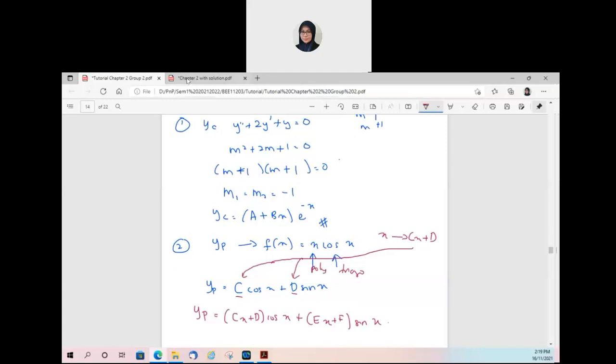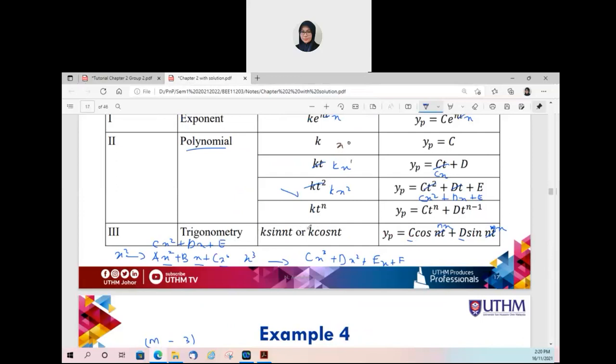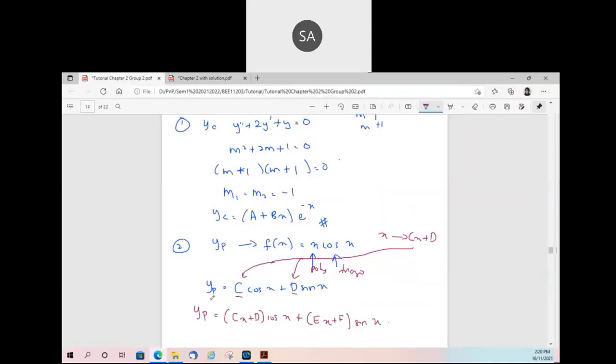Okay, if you refer here, if you have a trigonometry FX, your YP should be C cos x plus D sin x. Right? Betul. Okay. Then here your YP should be, if you have only cos or only trigonometry, your YP will be C cos X plus D sin X.